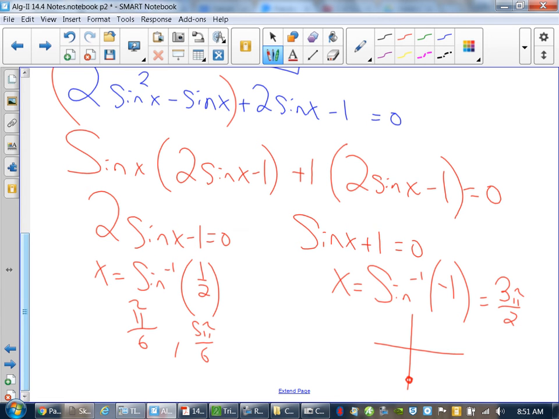Yes, sir. How can it be negative if the x isn't the x value -1? No. What that says is, what angle has a sine of -1? Where is sine equal to -1? At 3 pi over 2. If I took the sine of 3 pi over 2, it equals -1. That's what that means.